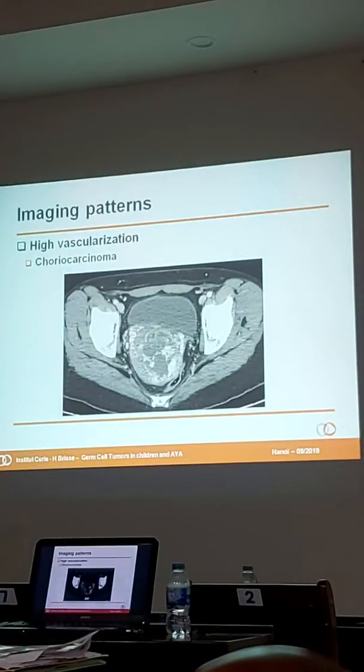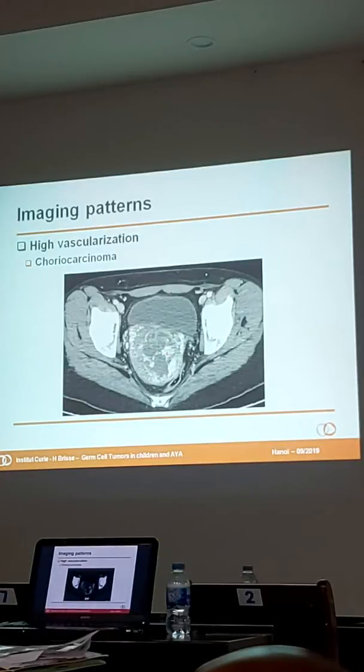Another imaging pattern that you should know is that sometimes the ovarian tumors have this pattern with very strong enhancement. And at the arterial phase, you find some lakes of enhancement, very strong enhancement, equivalent to the arteries.